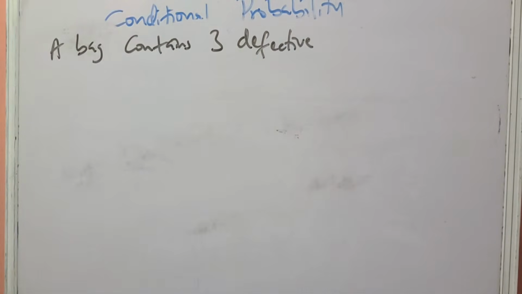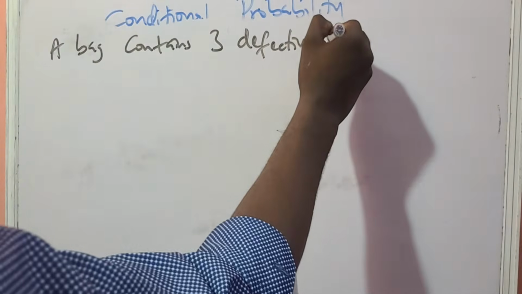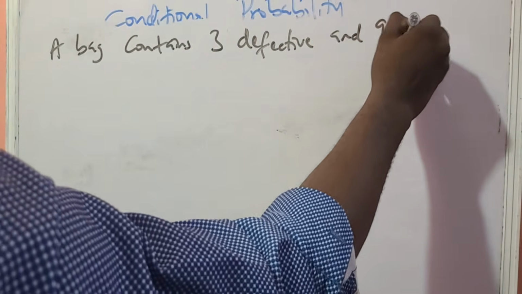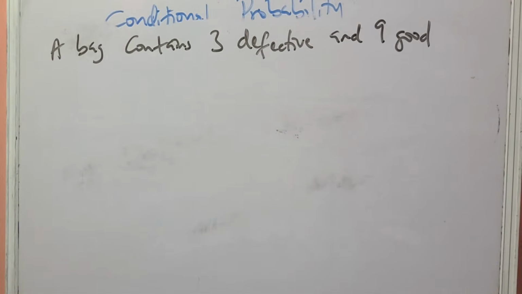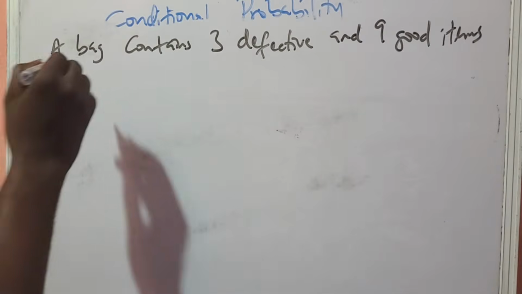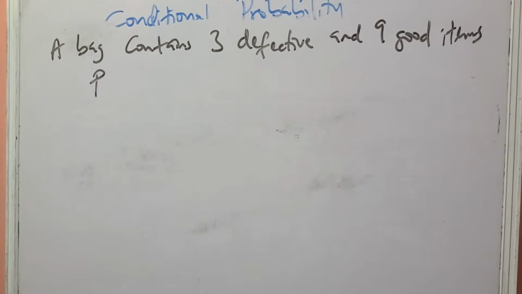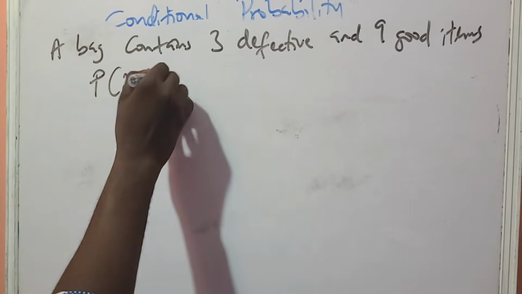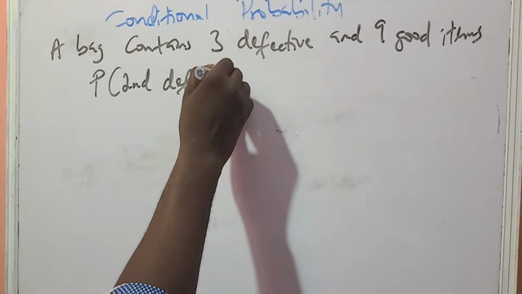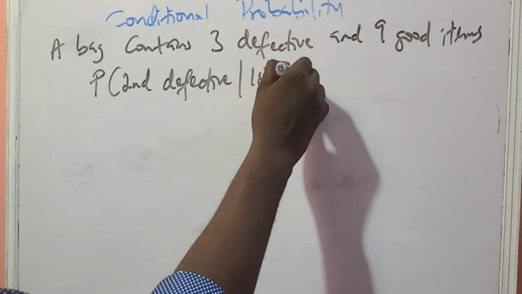So we have 3 defective and we have 9 good items. I'm sure you know what defective items are. Those are the items that are not perfect and not with the standard grades. So the question is for you to find the probability that the second was defective, given that the first was good.